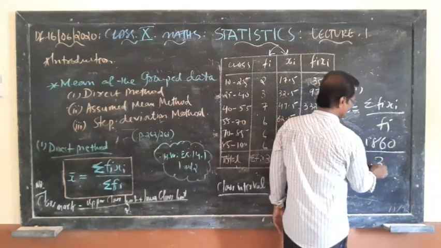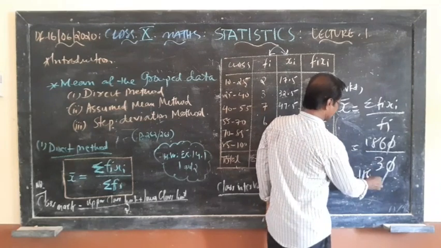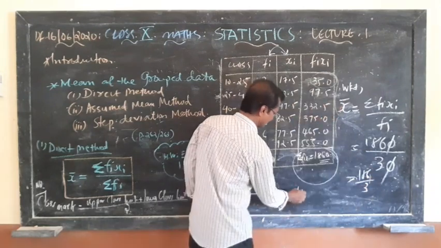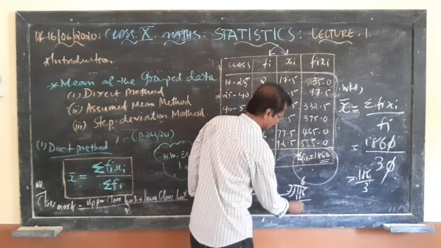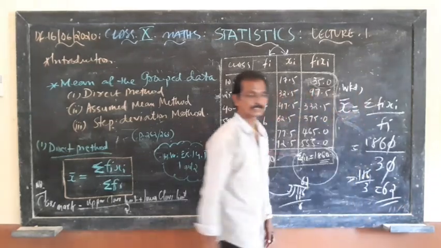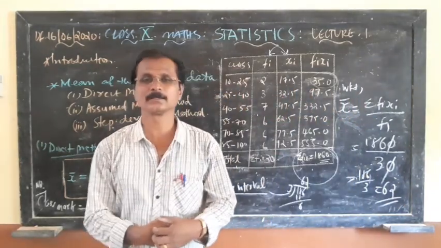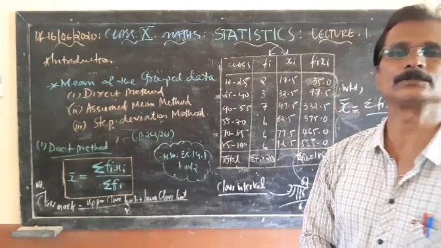So you can divide by 30. Cancelling these two, that's 186 divided by 3. 3 sixes are 18, 6, 3 twos are 6. The answer is 62. Your answer is 62.